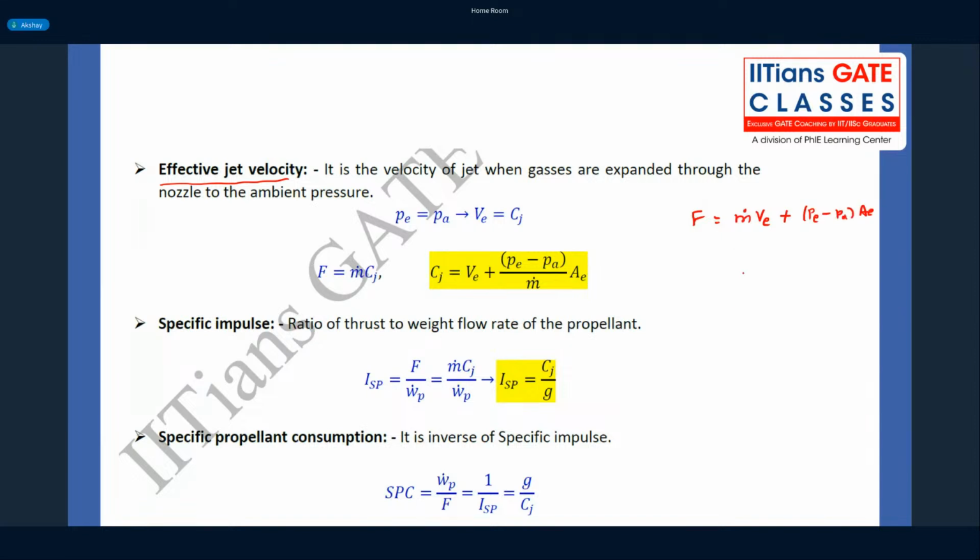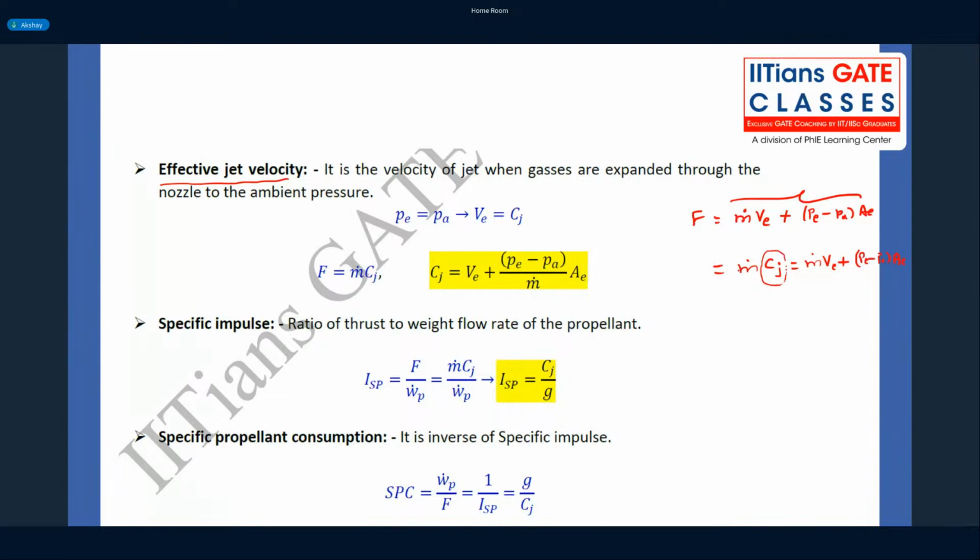Let us assume all of this thrust is coming from a momentum thrust alone. So we write this as mass flow rate times some velocity, equal to the entire thrust equation, m dot ve plus (pe minus pa) times ae. So this velocity is an equivalent or effective velocity.